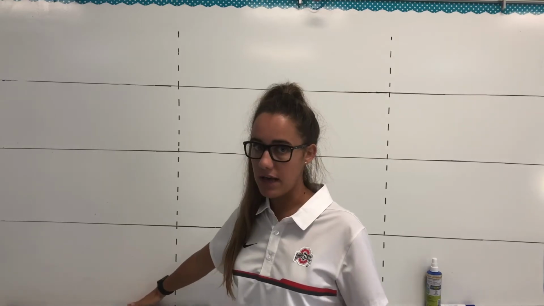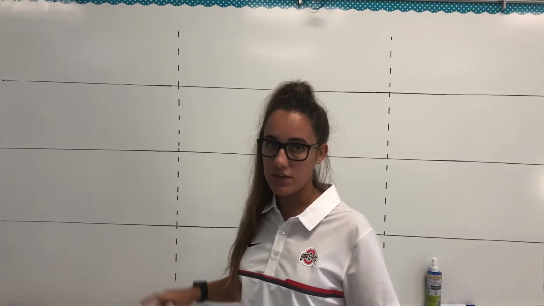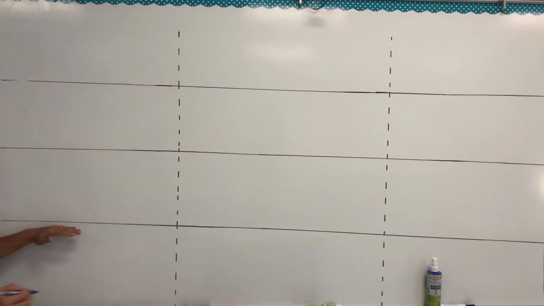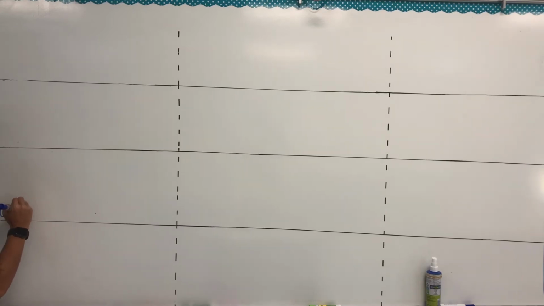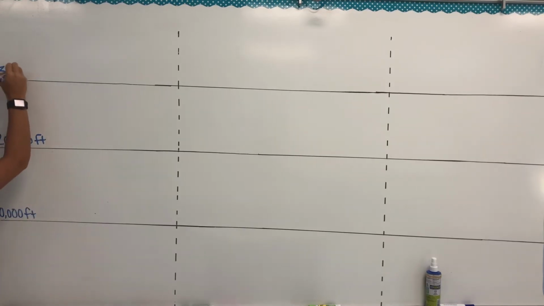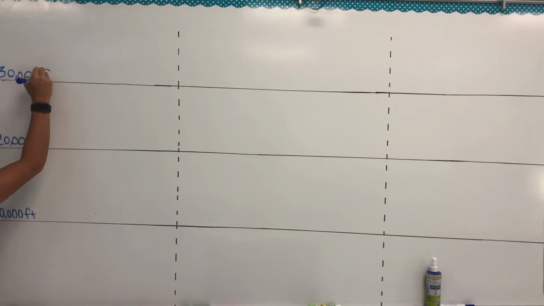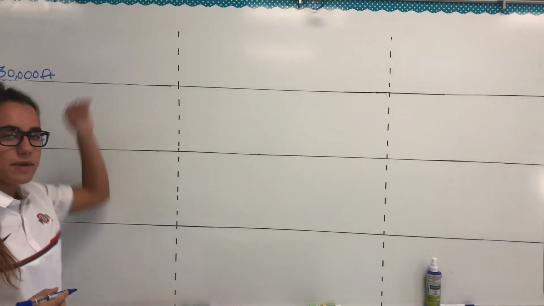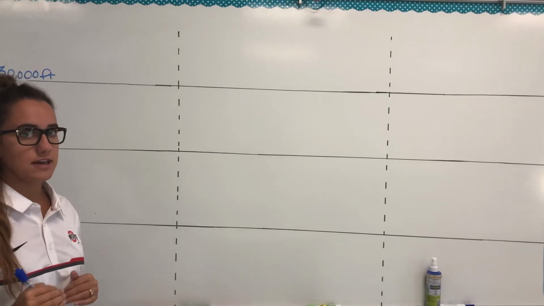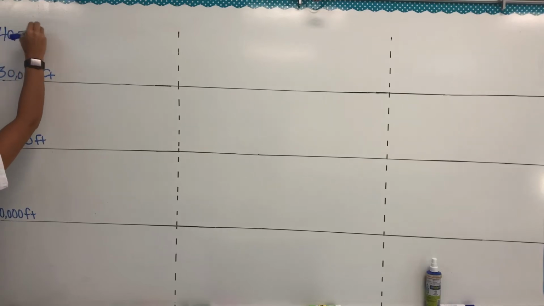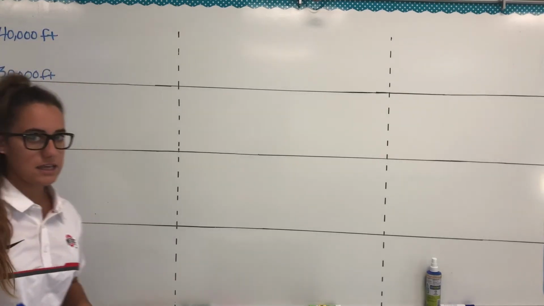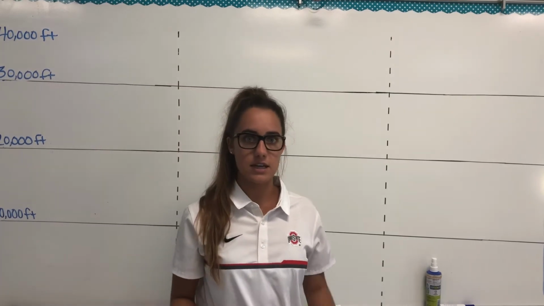Starting from the ground level, which is going to be the bottom edge of our paper, we're gonna go 10,000 feet, 20,000 feet, 30,000 feet, and the very top edge of your paper is going to serve as 40,000 feet in altitude. And then you can go ahead and label it on the other side also.